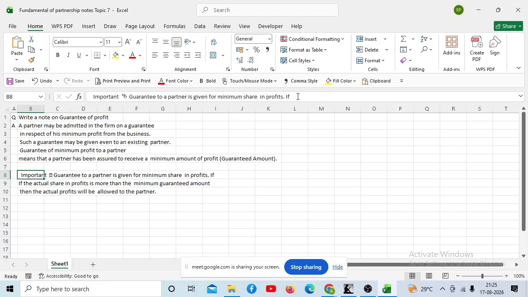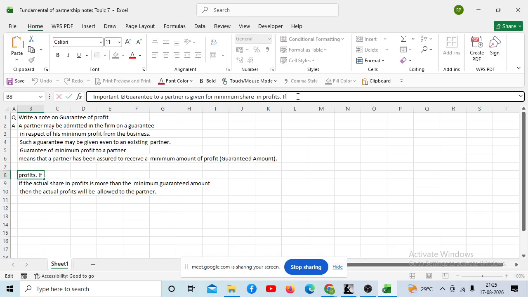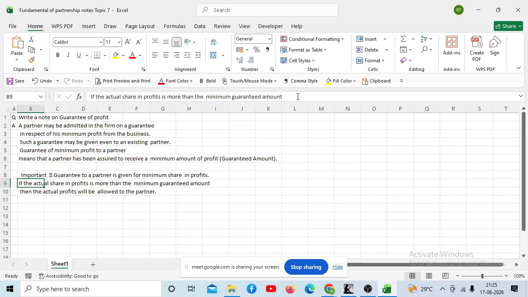Suppose there are three partners, and we tell one that we will give you minimum 1 lakh rupees as the profit, right? Now if the actual share in profit is more than the minimum guaranteed amount, then the actual share will be allowed to the partner. Suppose the actual profit is coming to 1,50,000, so we will give 1,50,000 to C. But the problem arises if there is a shortage.